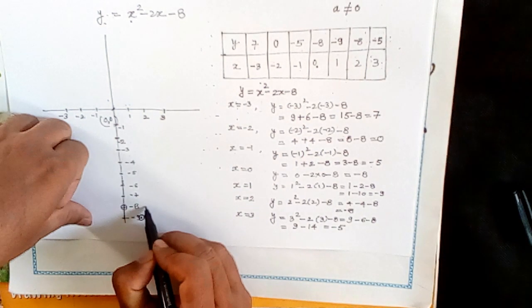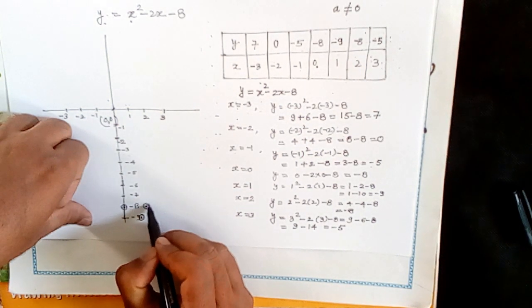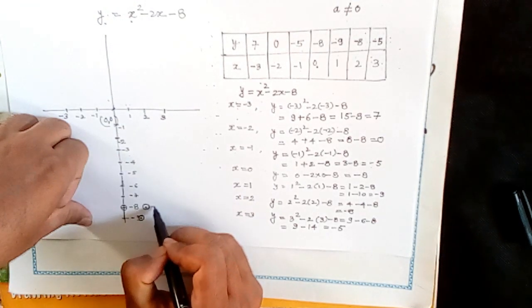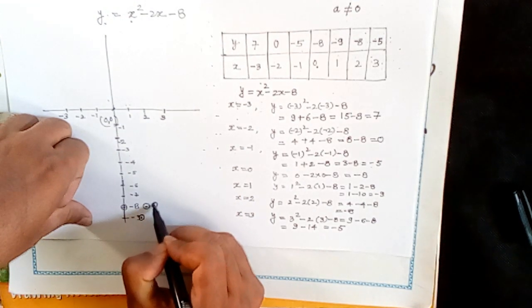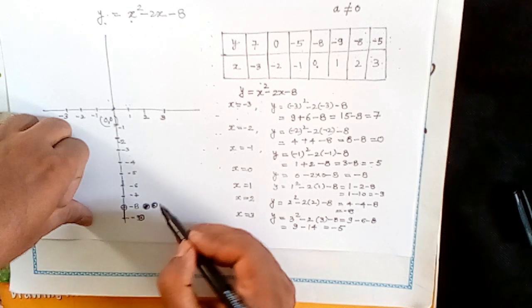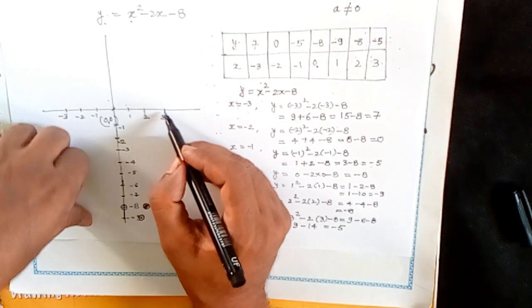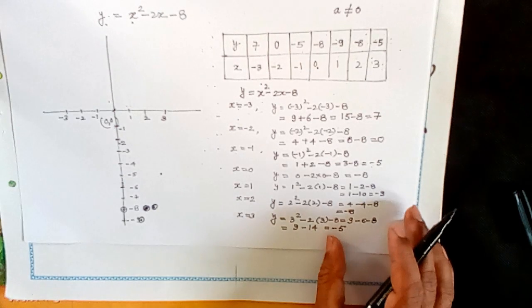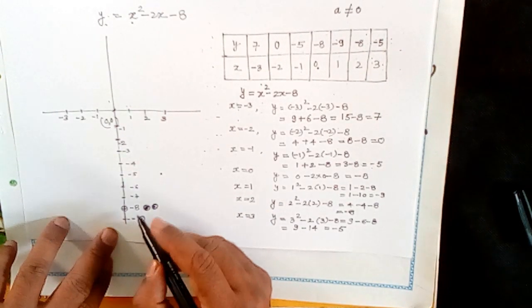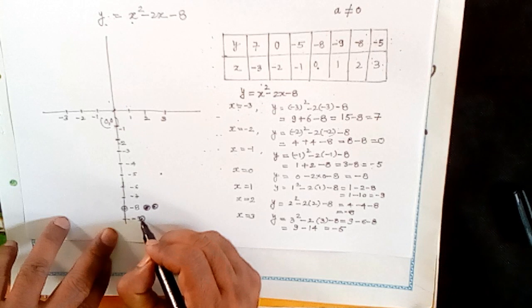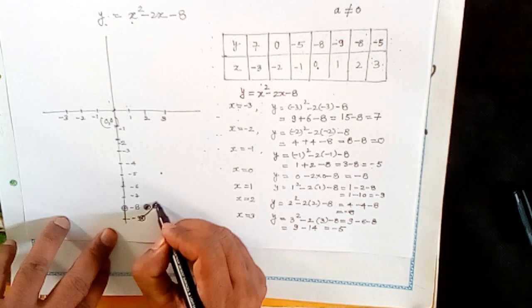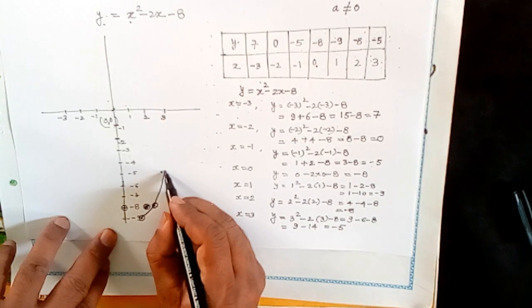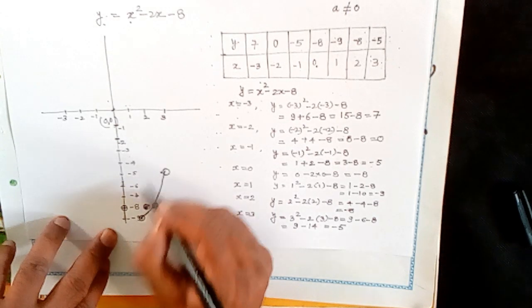At 3, what we are getting, -5. At 3 we are getting -5. If we join them, it will be like this, a rough sketch which we can see here.